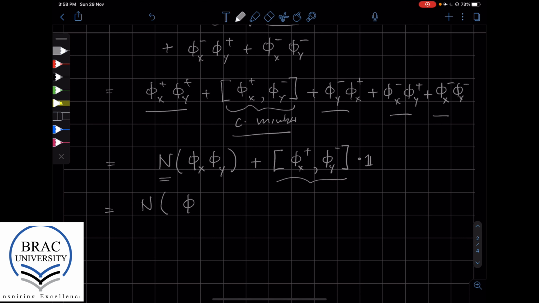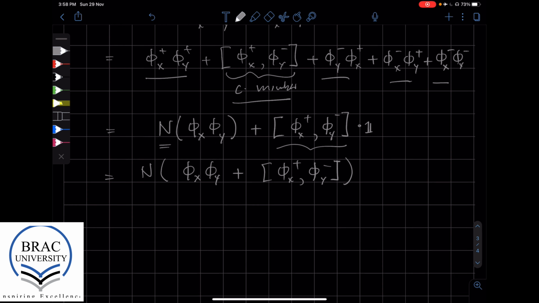So we can write this as the normal ordering of phi(x) phi(y), plus the commutator of phi(x)+ and phi(y)-. So this is what we have when x0 is greater than y0.